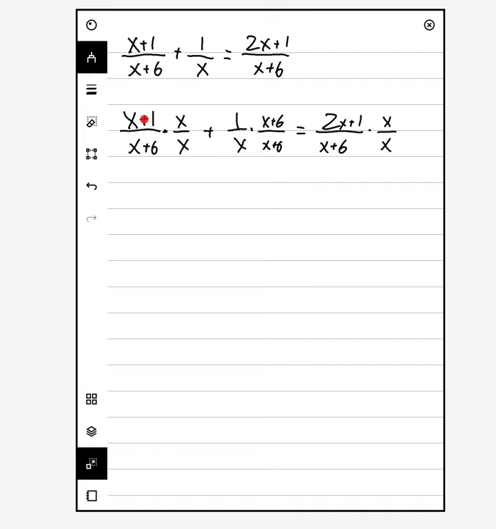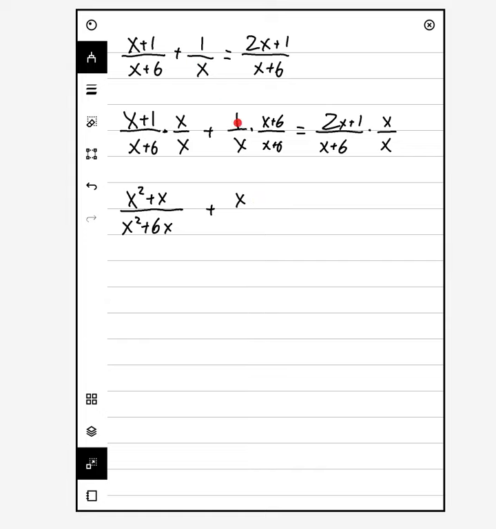So then what we do here is we're just going to multiply x to this and then x to that. So we're going to get x squared plus x over x squared plus 6x. And then down here, this guy, we're going to get x. Oh, no. Yeah, right.